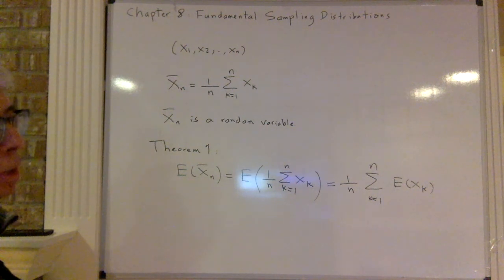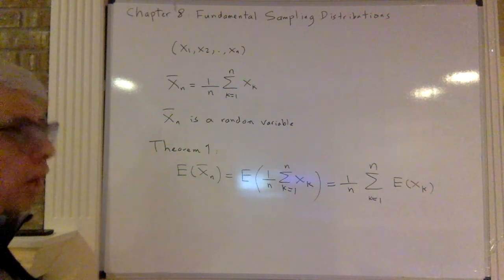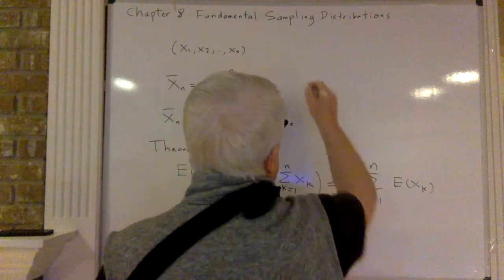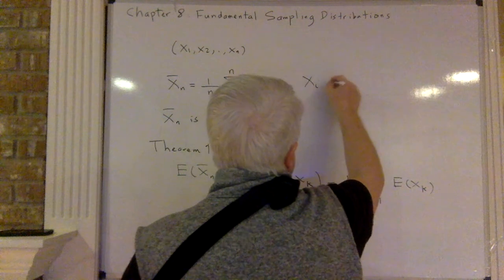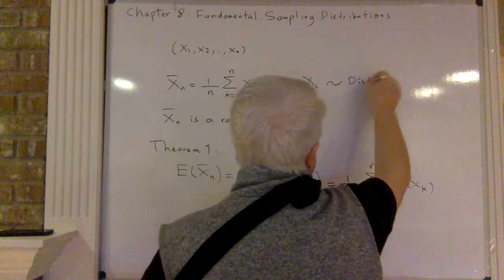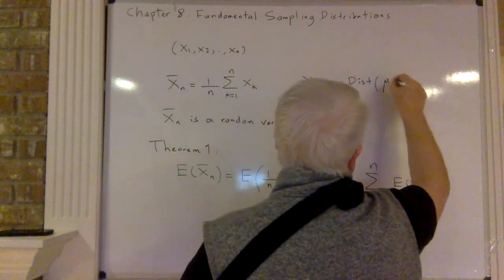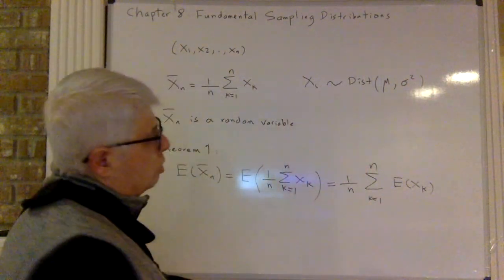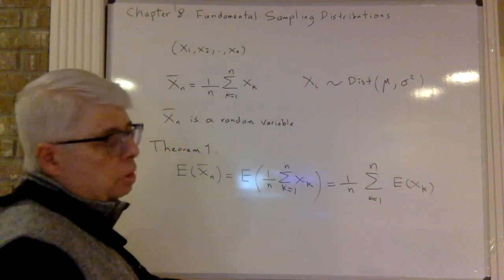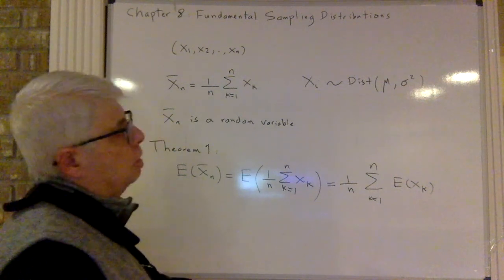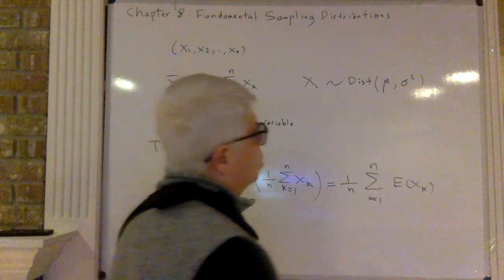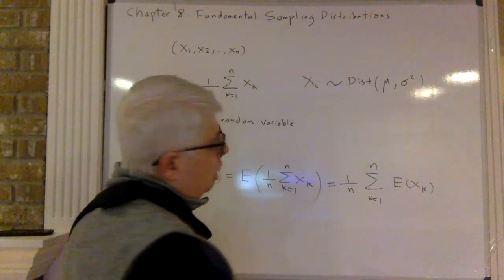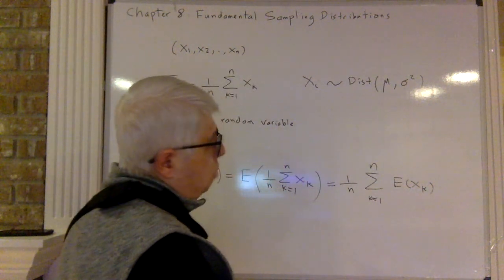let's assume that distribution has a finite mean. So if the x's have some distribution with some mean and some variance, I don't know what the distribution is, whatever that is, assuming that mu and sigma squared are finite, then E of xk is in fact mu.